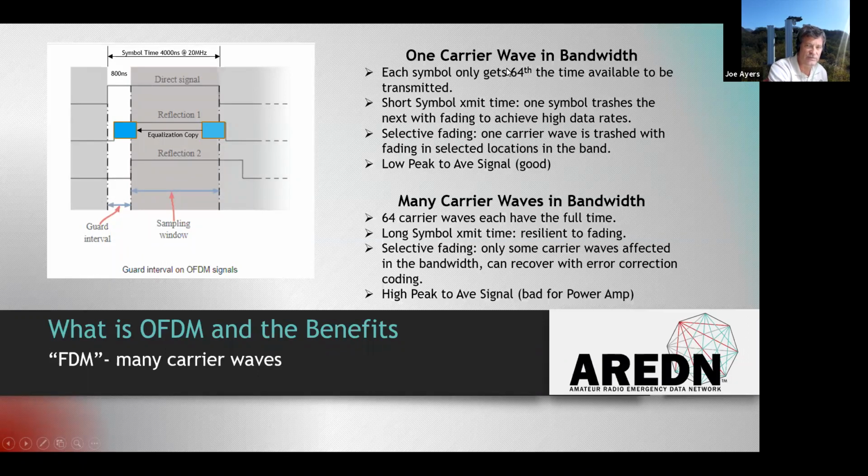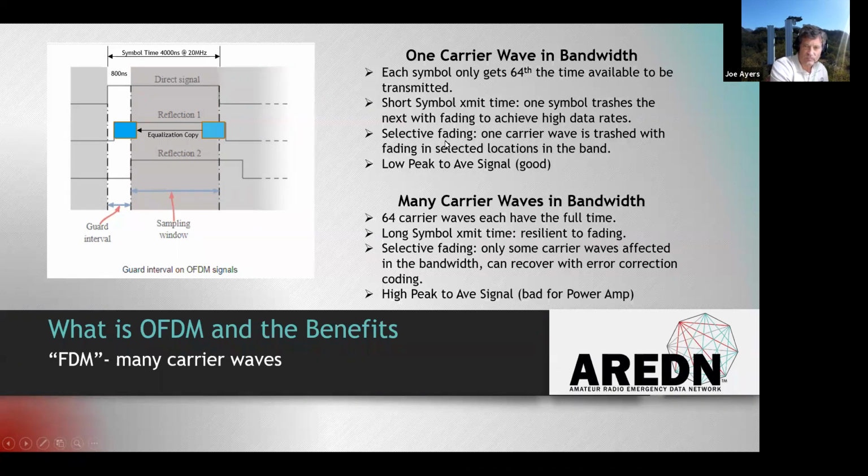And so there's only so much rate I can get with one carrier wave, because the timing has to be enough between the symbols to not trash one another with these reflections or this fading occurring.